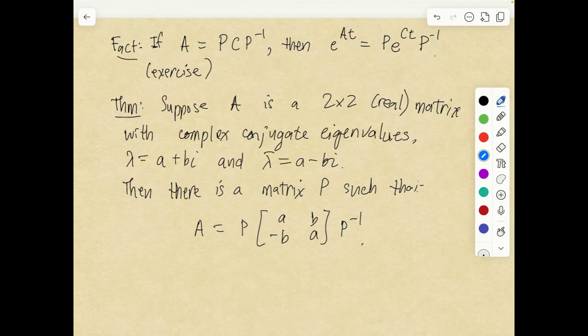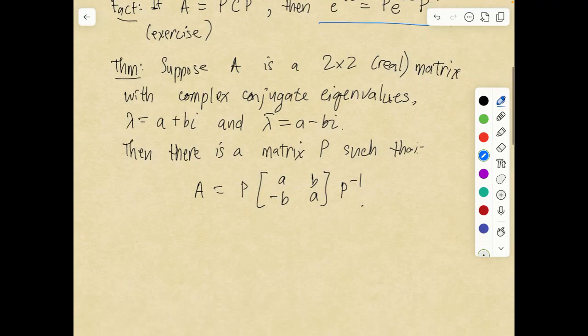So the point is that often you can write A equals P C P inverse, where C is something that is easier to calculate the matrix exponential of. So if your matrix is diagonalizable, your C is a diagonal matrix, and it's easy to exponentiate a diagonal matrix.